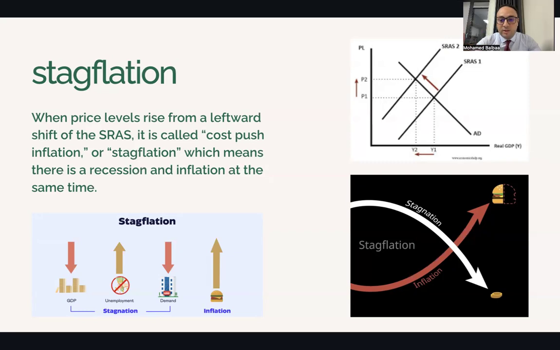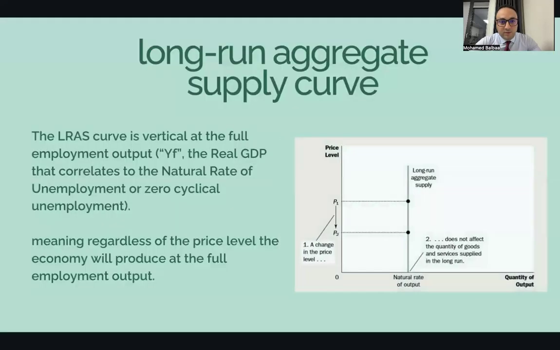So we have high inflation and low output. So this is inflation and recession. We call it stagflation. So stagflation is where the GDP is low, unemployment is high, and inflation is high at the same time. This is called stagflation, or simply when the short-run aggregate supply curve shifts to the left.